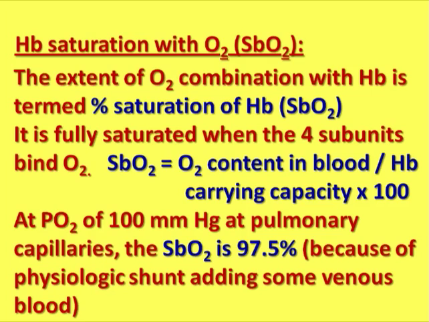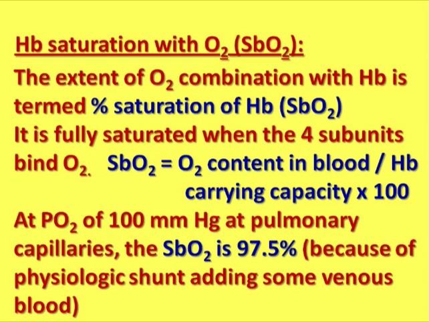It is fully saturated when the 4 subunits of hemoglobin bind to oxygen. SbO2 is considered as the ratio of oxygen content in the blood and the hemoglobin carrying capacity, multiplied by 100 to find the percentage.